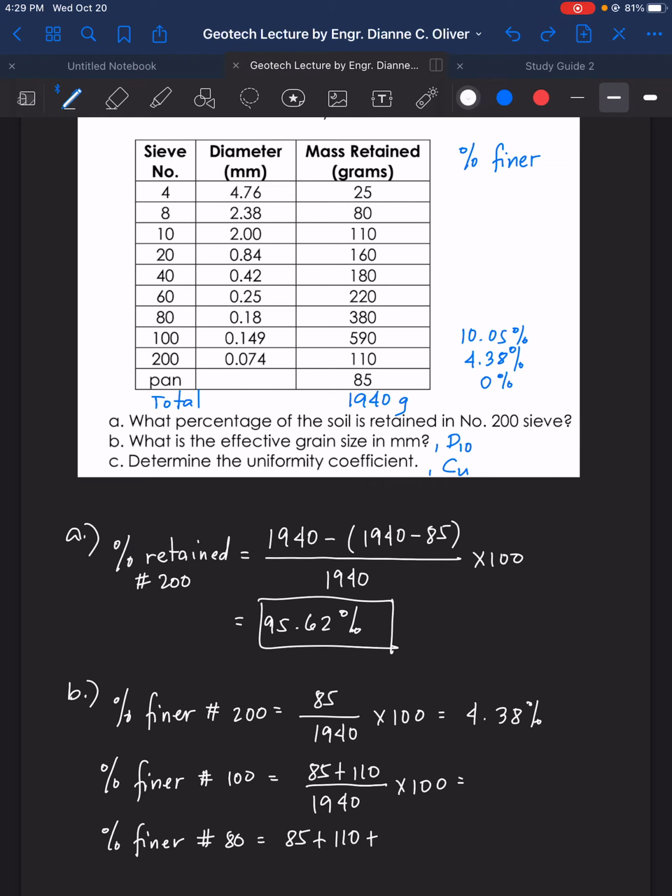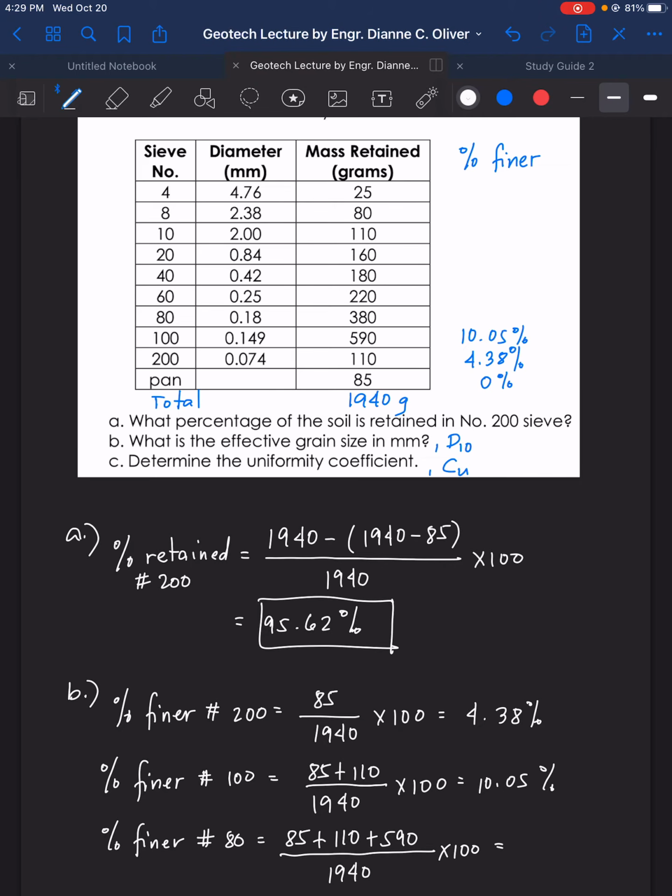Okay. So we have here 590 divided by 1940 times 100 equals 0.05%. So we just add it up here in our calculator. Plus 590.